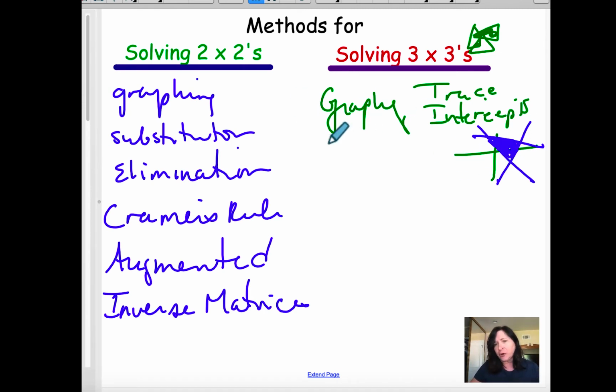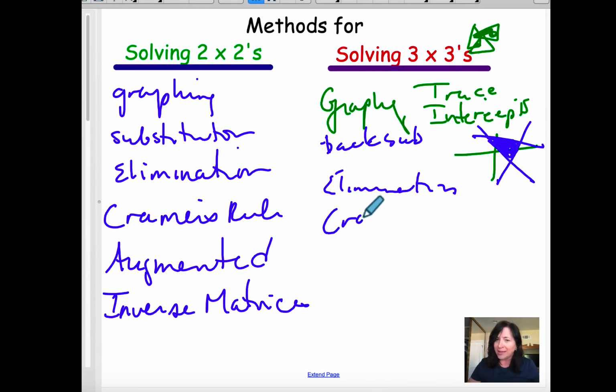We also did, for 3x3s, back substitution. And if it didn't set equal to x, y, or z, where you could back substitute that value in, then you actually had to use elimination to solve the 3x3. Last lesson we did Cramer's rule, and with Cramer's rule, remember, we did the shortcut method.